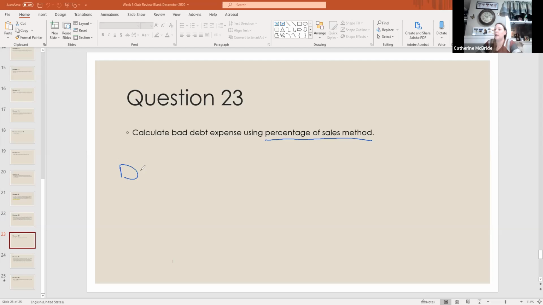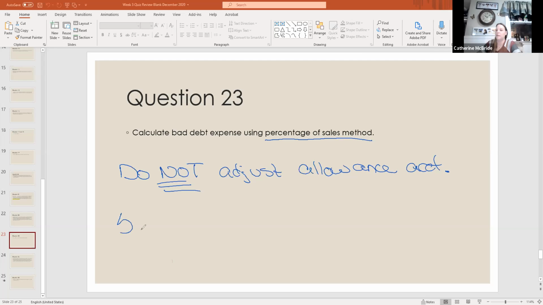So for this method, do not adjust the allowance account. Instead, what you have is your sales amount times whatever the percentage is, that's your bad debt expense. You're just going to keep adding it on.